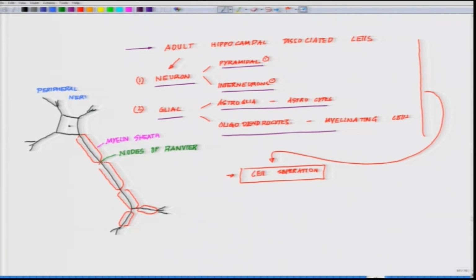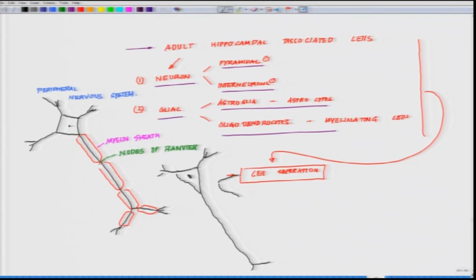On the contrary, if you see a neuron in the central nervous system, let me draw, say, a pyramidal neuron in the central nervous system of the hippocampus, which has a pyramidal-like cell body. Here are the processes, here is the nucleus.